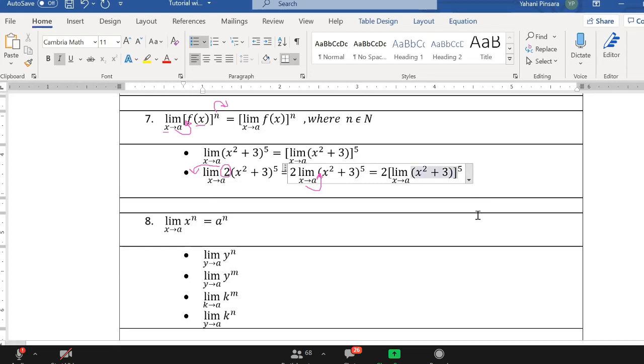We have taken the limit inside and 5 outside, so that is the answer.